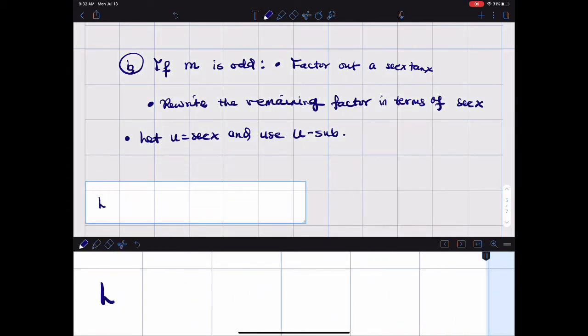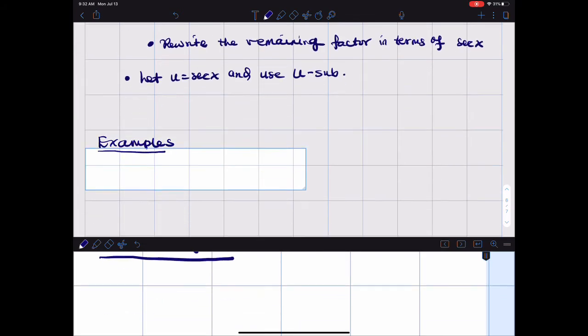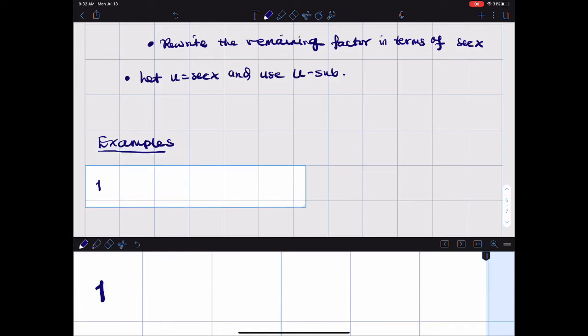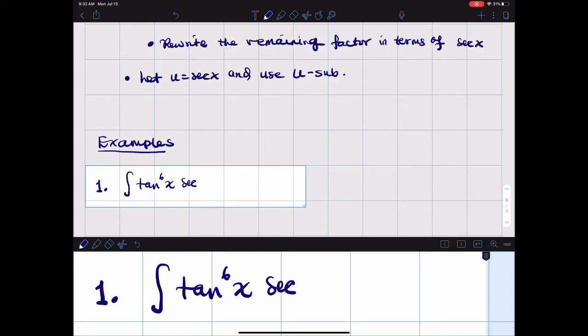Example 1. Let's try to evaluate the integral of tan of x to the power of 6, secant of x to the power of 4 dx.